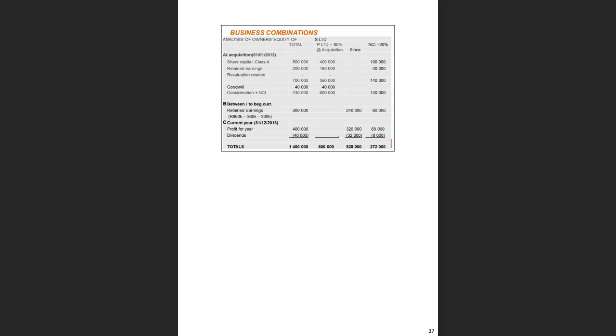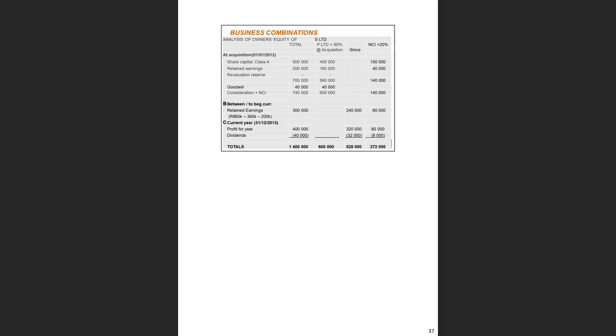Okay, so I'm not going to flip too much between the slides. You'll just have to go back and have a look. So the closing balance on our retained earnings is 860,000 Rand. And they told us in the scenario, S made a profit after tax of 400,000 Rand and declared a dividend of 40,000 Rand.